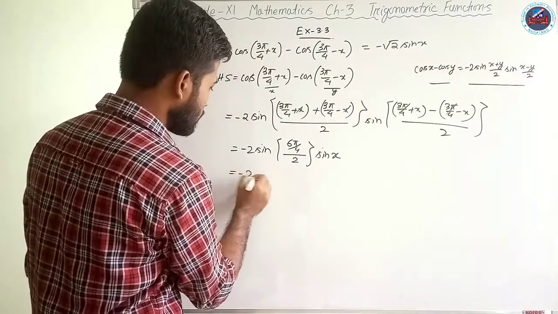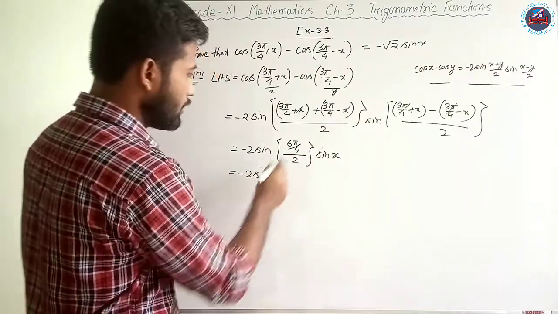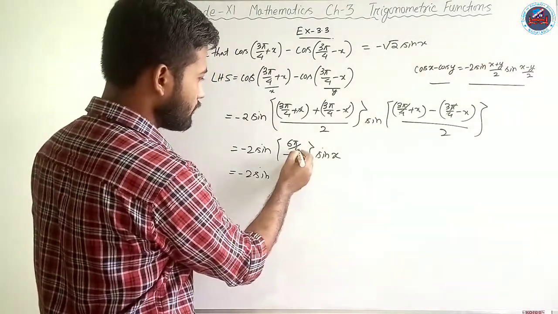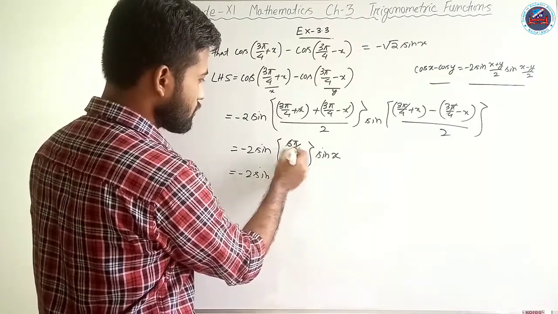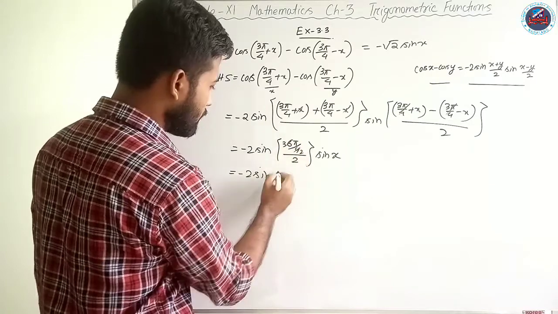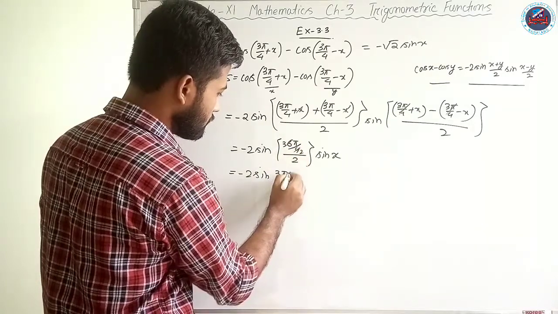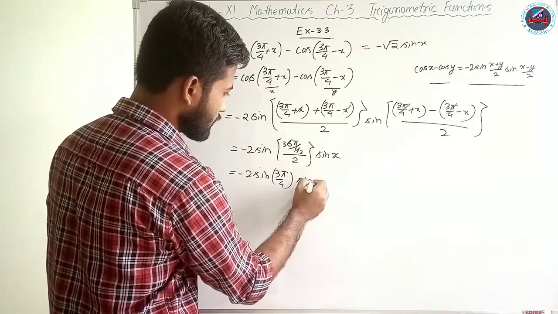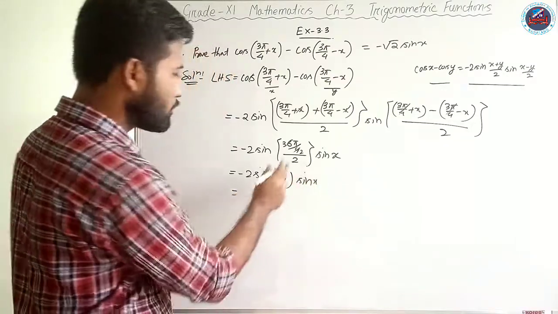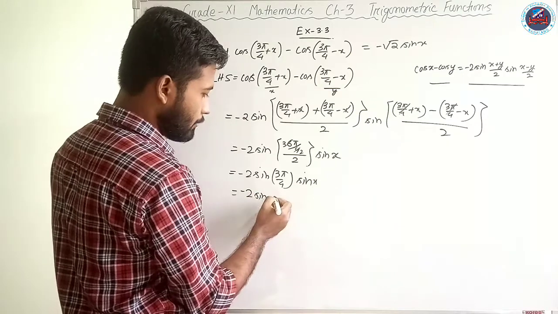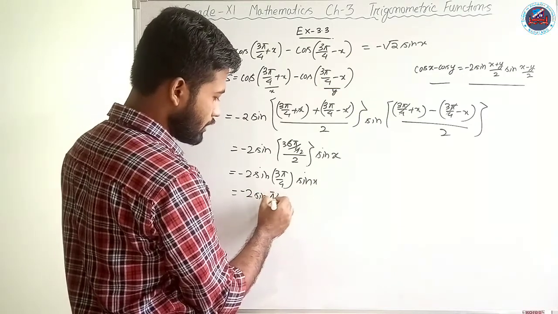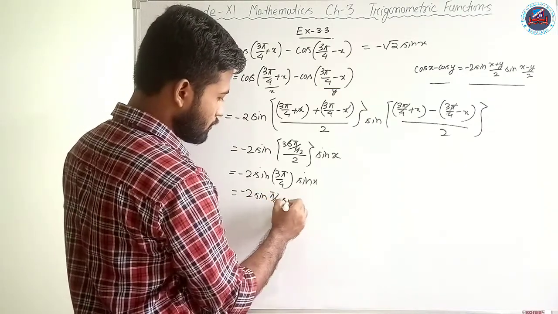So that is equal to 2 sine of, now 6 pi by 4 I can cancel out the 2's with that, so it will be 3 pi by 4, sine x. Now as previously we do not know the value of sine 3 pi by 4, so what to do, sine of pi minus pi by 4, so finally we will get sine of pi by 4.